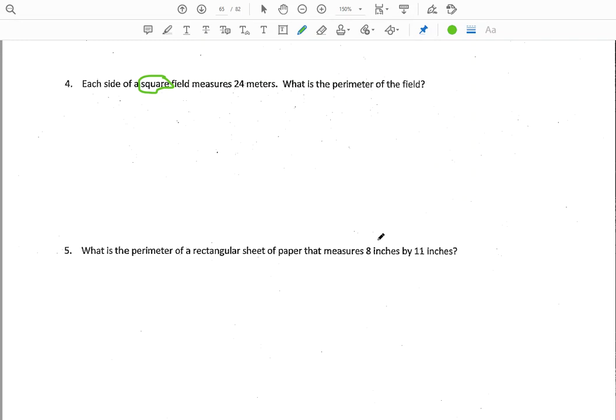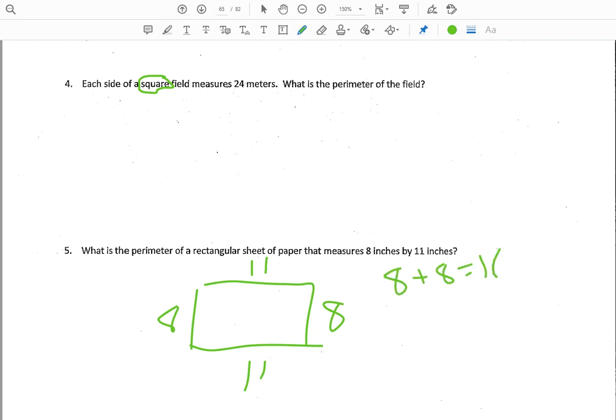And then, what is the perimeter of a rectangle? Draw the rectangle, label it. Opposite sides for rectangles. So this one, we have 8 and 11 is what they're saying. So opposite sides are equal. So I would add these up. 8 plus 8 equals 16. 11 plus 11 equals 22. Then I can add these up.